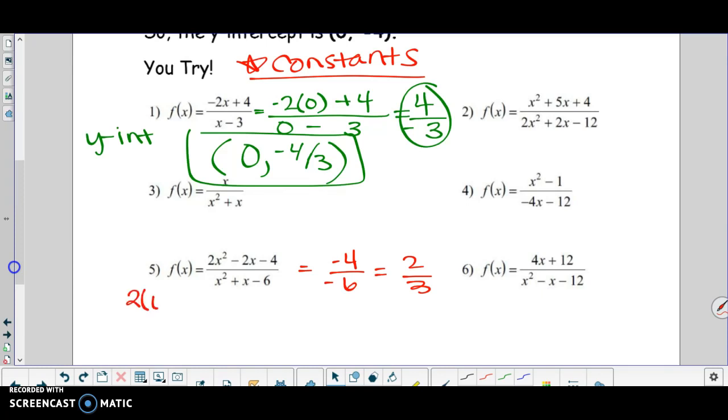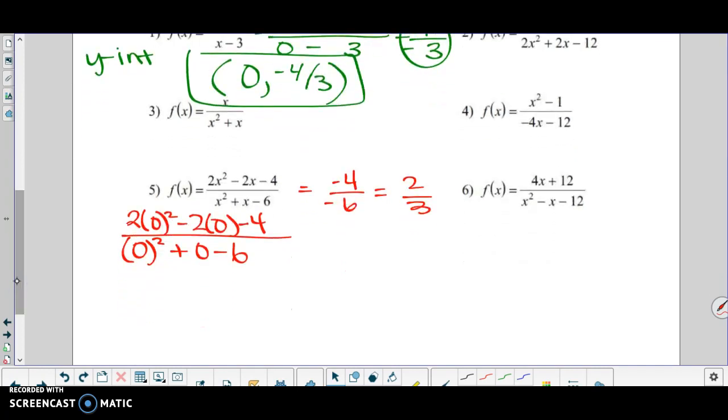If I do 2 times 0 squared minus 2 times 0 minus 4 over 0 squared plus 0 minus 6, all of this is going to become 0, so in the numerator I'm still only left with, this is 0, this is 0. 0 minus 4 is negative 4. 0 plus 0 minus 6 is going to be negative 6. So you're really only looking at your constants, okay?